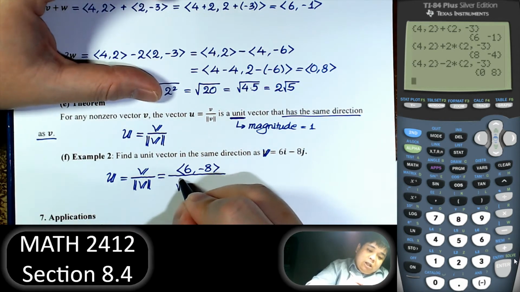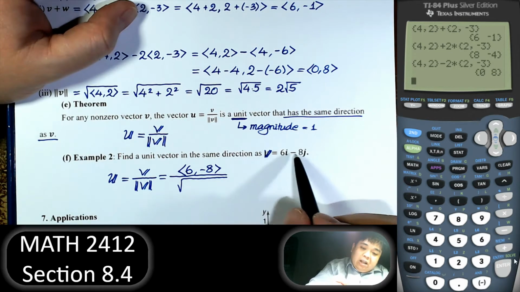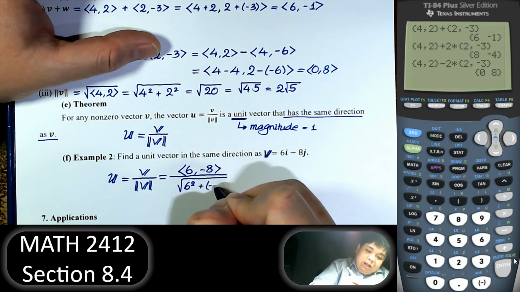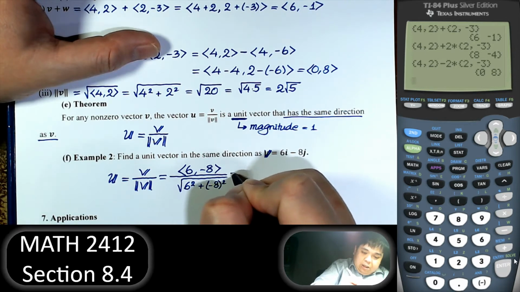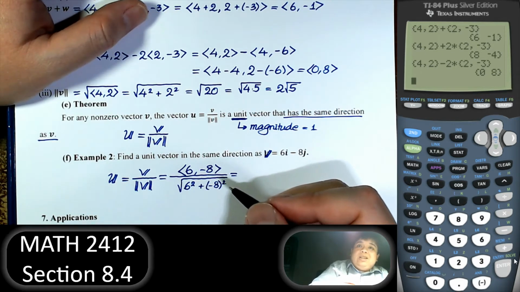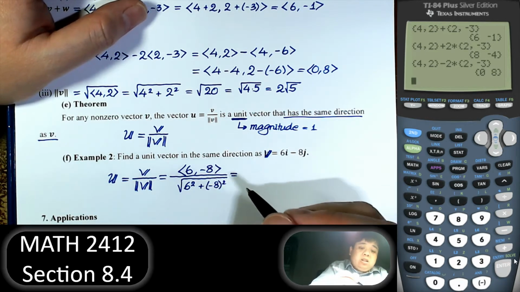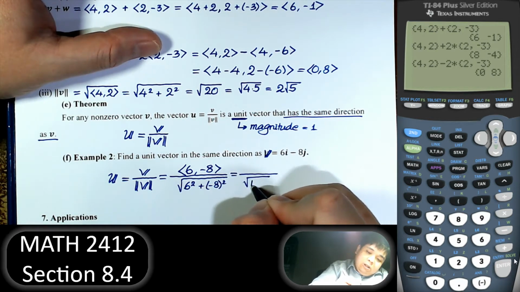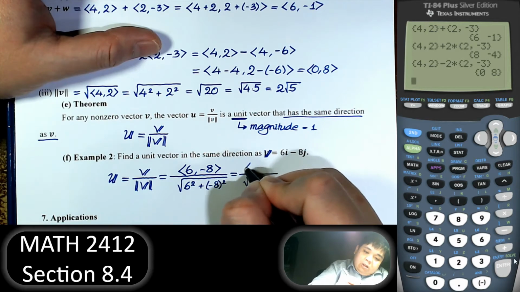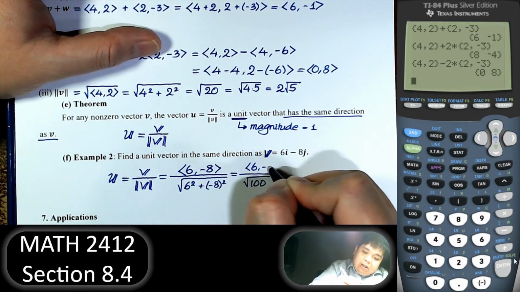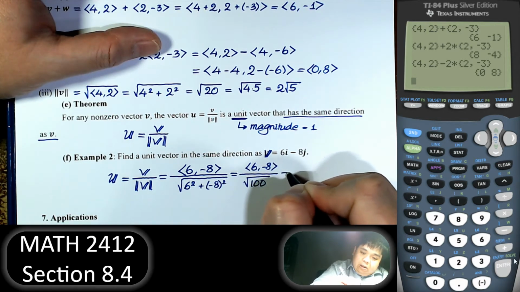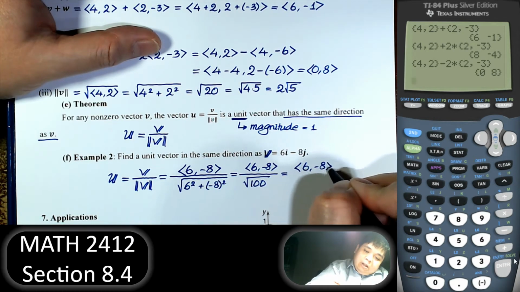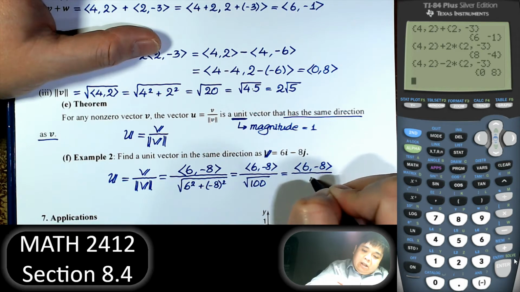But the magnitude is what? 6 and negative 8. So we say 6 squared plus negative 8 squared. 6 squared is 36, 8 squared is 64, 36 and 64, that's 100. So we have 6 and negative 8 divided by 10.